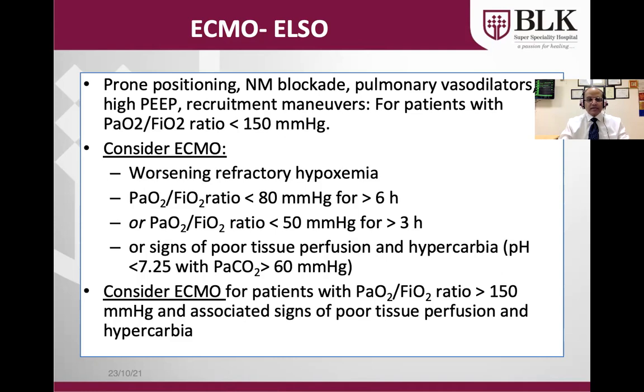And we need to consider ECMO when there is worsening refractory hypoxemia or PF ratio is less than 80 millimeter mercury for more than 6 hours, or PF ratio is less than 50 millimeter mercury for more than 3 hours, or signs of poor perfusion and hypercarbia, that is pH is less than 7.25, PCO2 more than 60 millimeter mercury are present. We also alternatively can consider ECMO when patients with PF ratio more than 150 millimeter mercury have associated signs of poor tissue perfusion and hypercarbia.